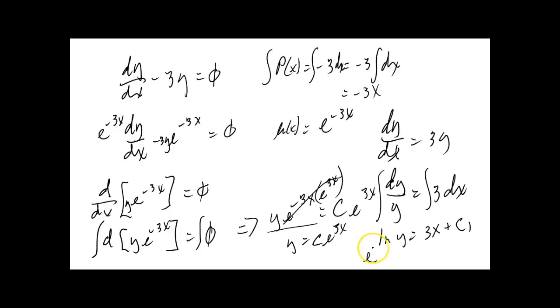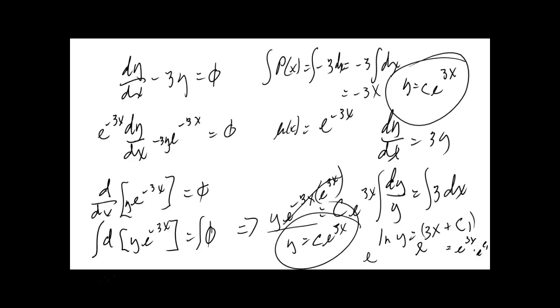Exponentiate everything. e to the log y is just y, which is equal to, and we'll do our little trick here, e to the 3x times e to the c1. e to the c1 is just some other constant, call it c. So that's going to be c e to the 3x. And that's exactly what we got here. So yes, this works.